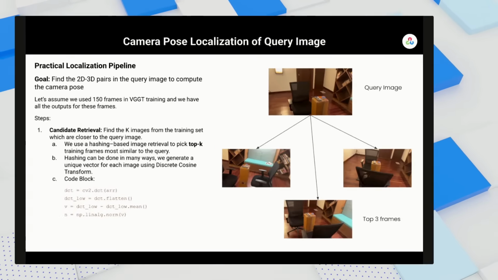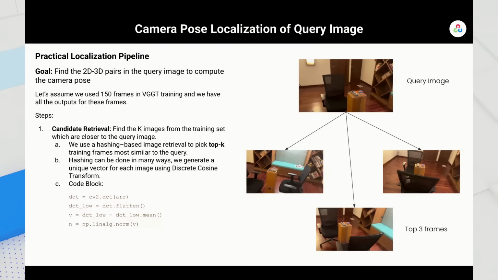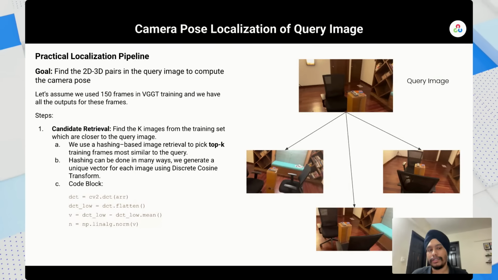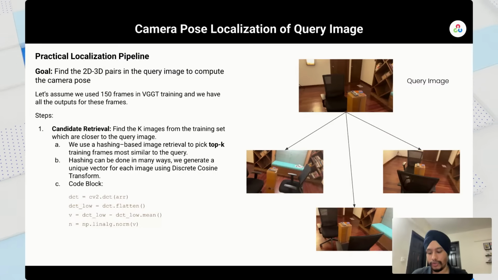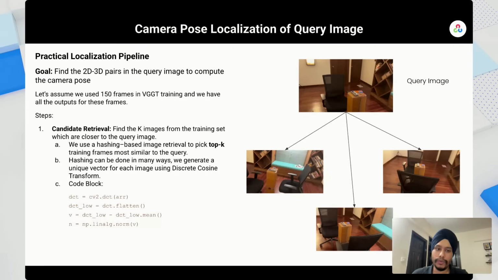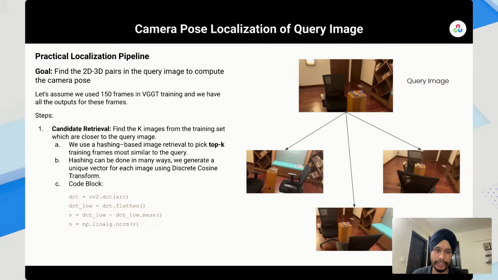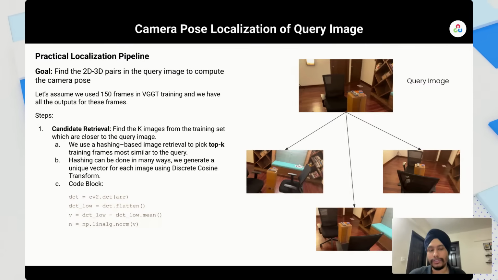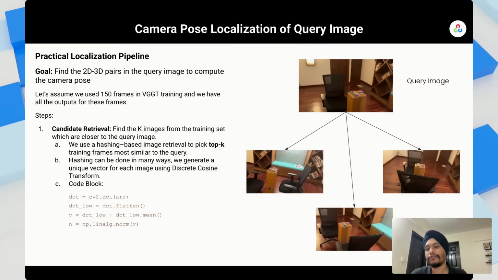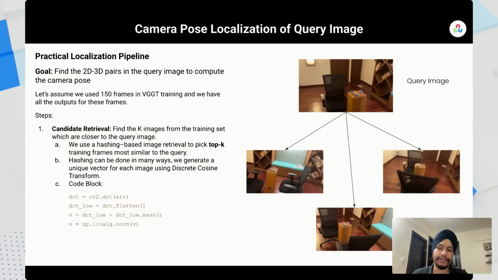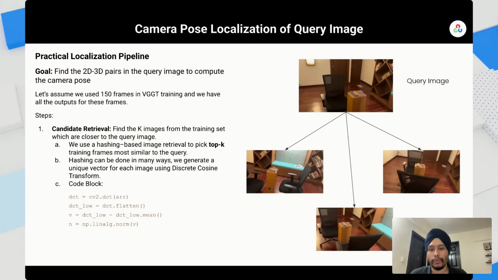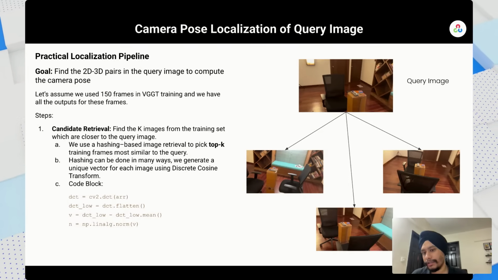Recapping on the outputs, we definitely have the key point matches across the training frames, and we also have the 2D to 3D matches for at least the training frames that were part of the training. We don't have it for the query image, but we do have it for the 150 frames used in training. For all the key points that were detected, a corresponding 3D point is known at this point, right?